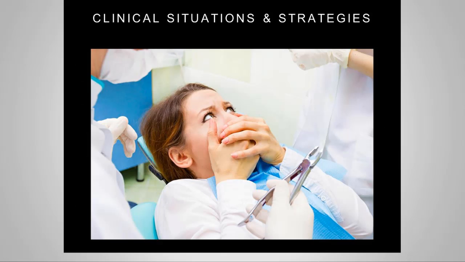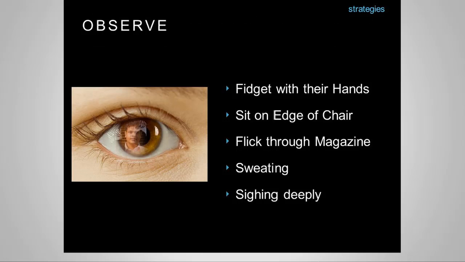Let's talk about some clinical situations that we experience every day, and some strategies to solve these and hit these head on. Observing the patient's behavior in the waiting room really is something that needs to start from the person who first greets them, to the person who brings them back and seats them, to the person that treats them. So look for these indicators of dental anxiety.